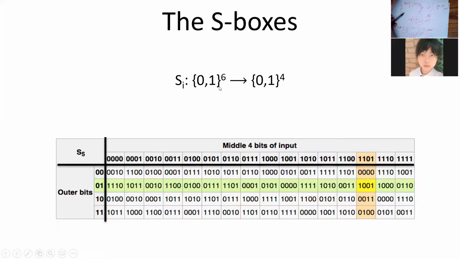So does there exist a 4×6 matrix such that all these outputs can be computed by multiplying the input bits by that matrix? Well, you can check this and you can search for such a matrix, but let's say there is none. So the S box cannot be represented as a linear function.